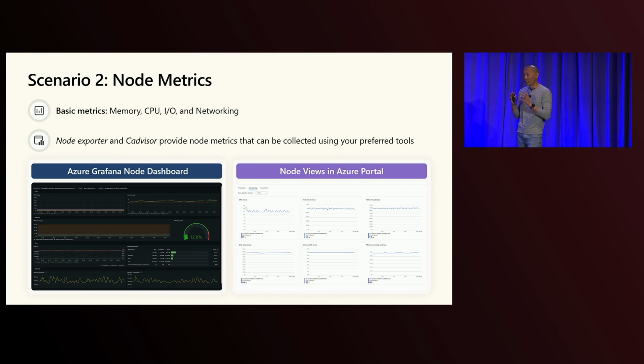In particular, I/O-related issues and networking-related issues having to do with throughput. So that's where you would come to one of these dashboards to try to understand if you're hitting an I/O limit or a networking limit.